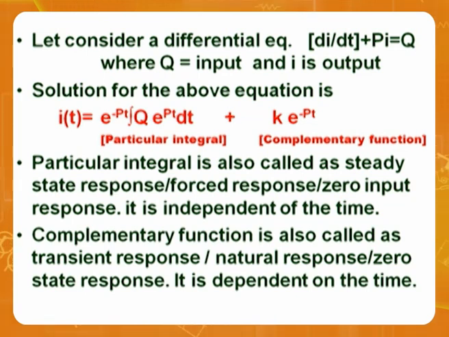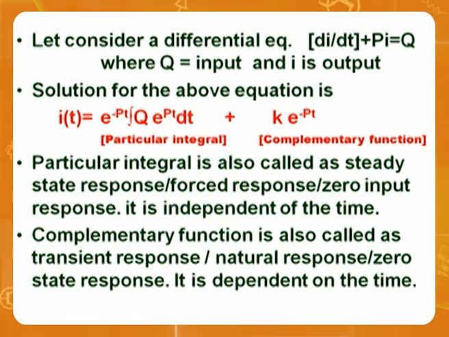Suppose there is an equation di/dt + pi = q. This is an equation where q is the input, i is the output. This is a general equation you find in mathematics. I am starting my story there.